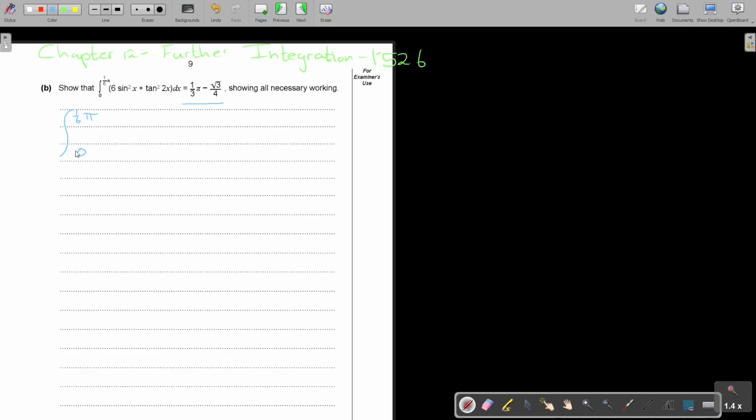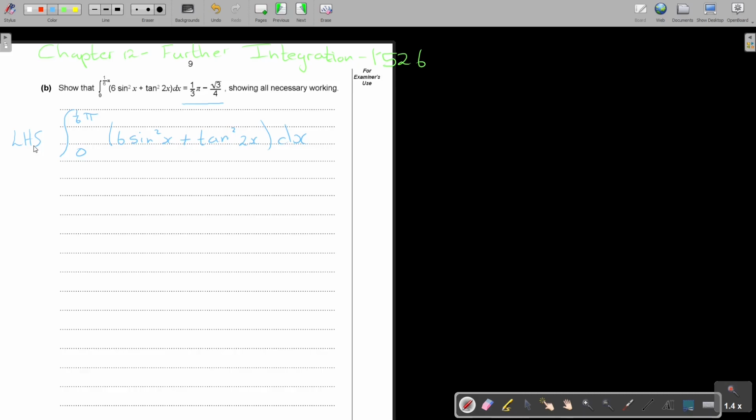I'm not going to use the calculator to find those values. So then it's going to be 6 sin square x plus tan square 2x, and then it's going to be dx. So that is going to be my left-hand side. And I must just prove it's equal to the right-hand side.